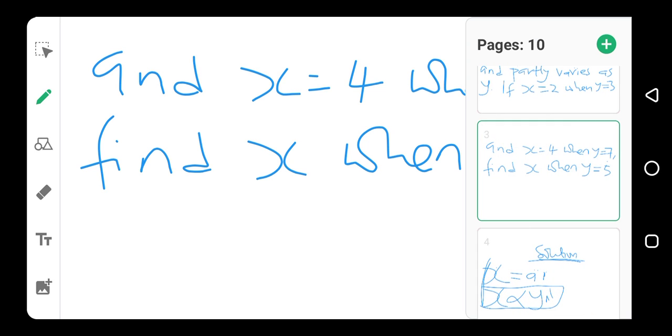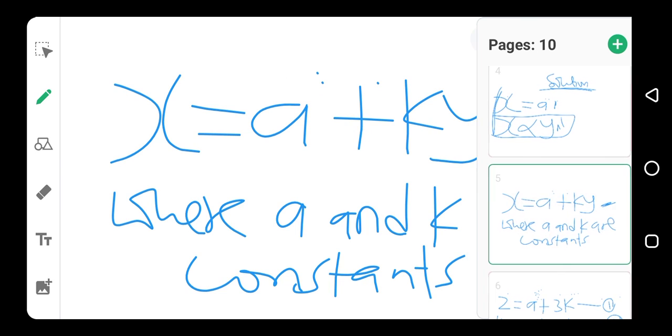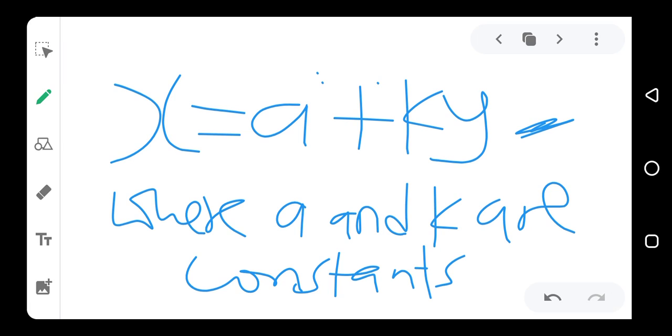So how can we use the two constants and the value of y, which is 5 now, to find the value of x? Now we come to the relationship between the variables. For you to get any of the variables when you have gotten the constants, you come to the relationship connecting the variables, which is this one, that x is equal to a plus k y. When we discussed partial joint variation, we said that for you to get the equation connecting the variables, you solve and get the constants and put the value of the constants, and that becomes the equation connecting the variables.